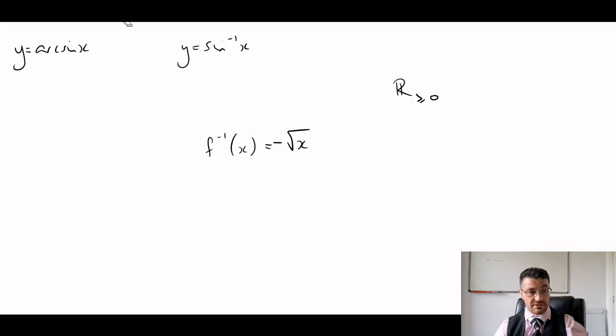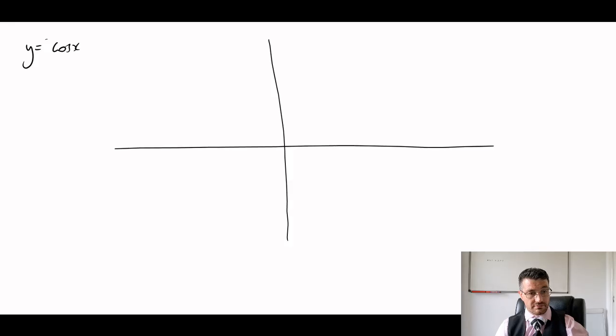Okay. So let's have a look at cos. Similar things apply to cos. So if we've got y equals cos x, what does the graph of cos x look like? Something like this.